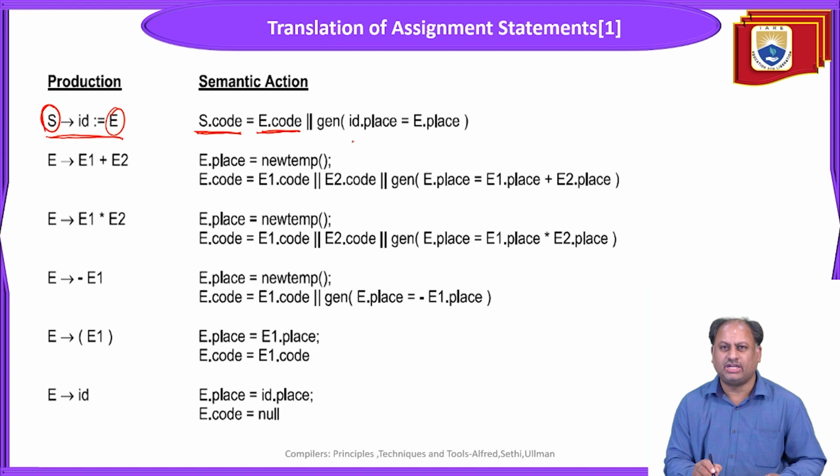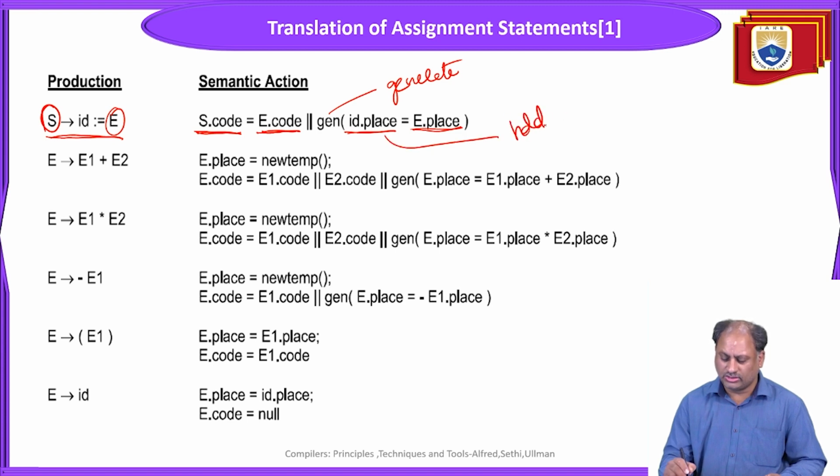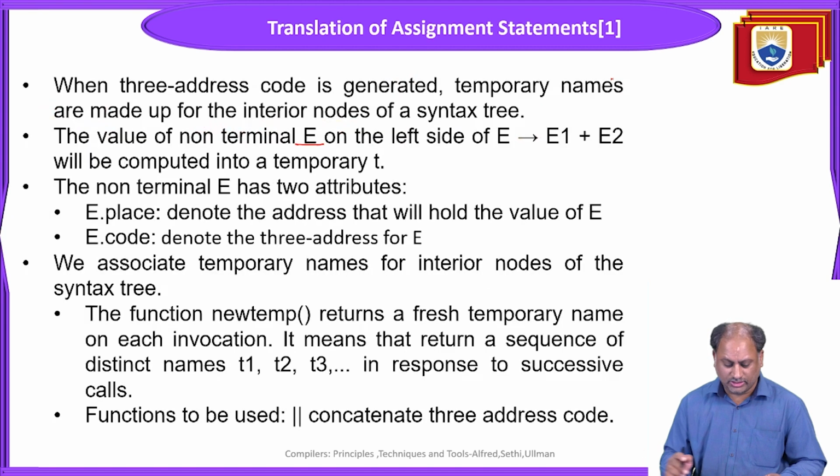So how can it be generated? This is the function generate code. Generate code is the function which assigns id dot place equal to e dot place. Here this one holds the place value of id and this one holds the place value of e. Previously we noted down that e dot place holds the value of e for that particular variable.